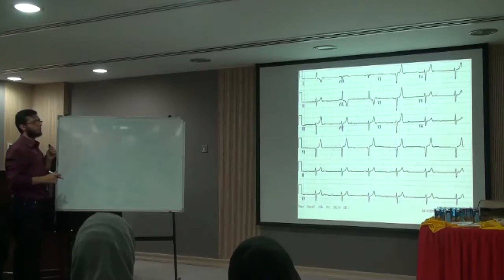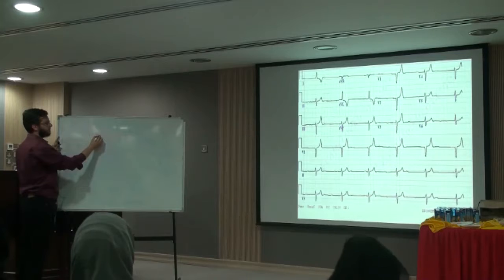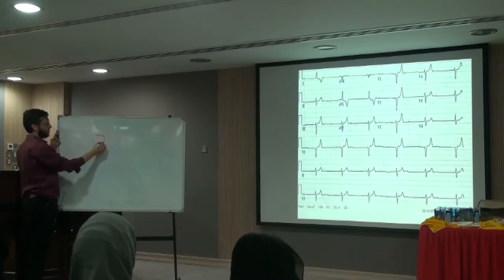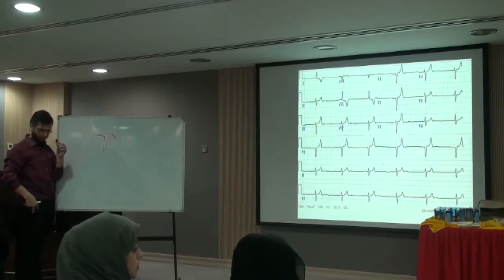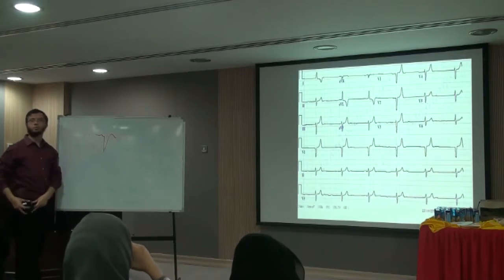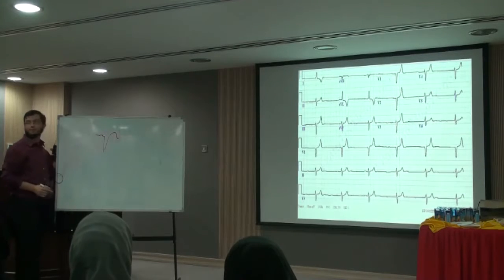We will see soon that if the patient has left bundle branch block, you will have the QRS complex negative. What about the T? It is positive. This is the normal pattern of the QRS complex in LBBB.